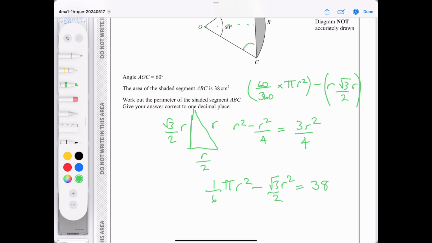So I suppose you can use this. Oh, I did it on another type of paper. So let's just see what we get. But I don't think this is going to be very nice to find r.